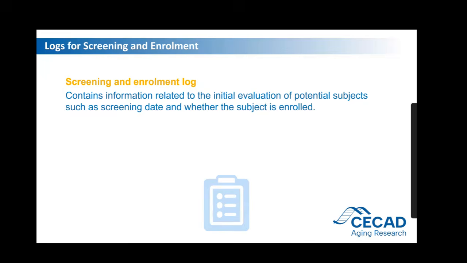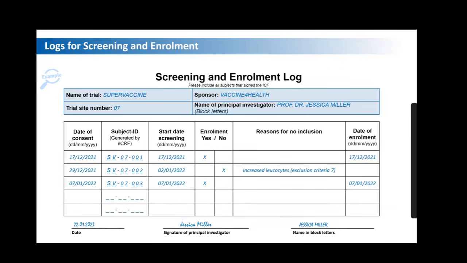This log contains information related to the initial evaluation of potential subjects, such as the screening date and whether the subject is enrolled. It can look like this, where you have some trial details on the top of the document, and then there comes a list of all the subjects that have gone through the screening process.